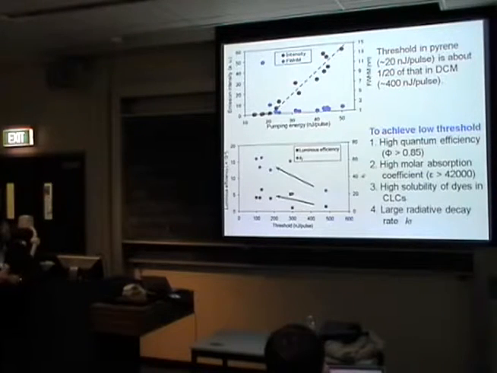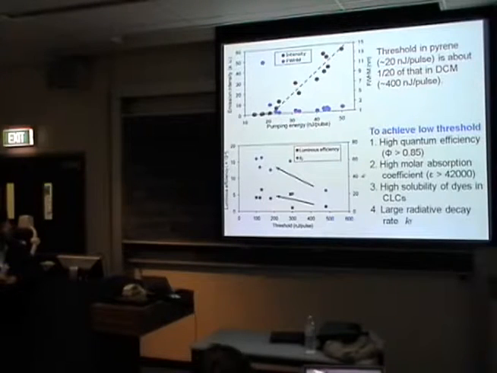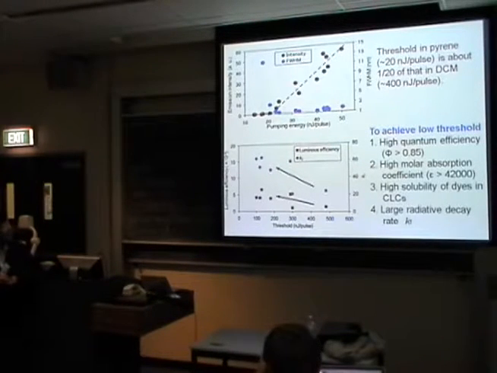So we are still expecting new dye molecules. And the nice thing about low threshold is that if we have a low threshold, then we need low excitation power. That means the stability of dye becomes better.